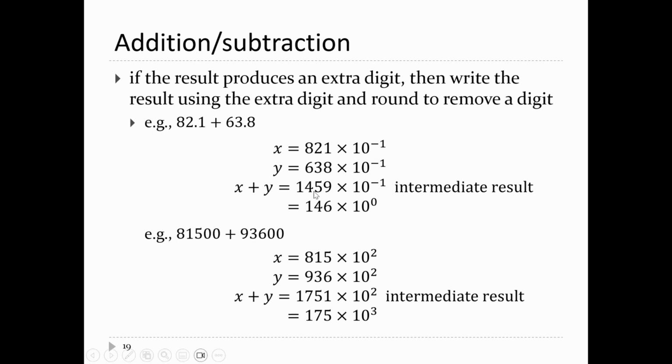The fact that the sum produces an extra digit requires you to do something to convert the intermediate result to some value that you can actually represent in your floating point format. Notice that the answer is incorrect if you compare it to the true mathematical answer. This really should be 145.9, but you can't represent 145.9, so now you've got 146.